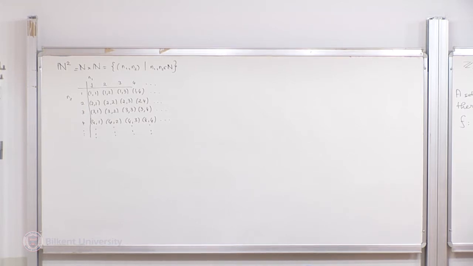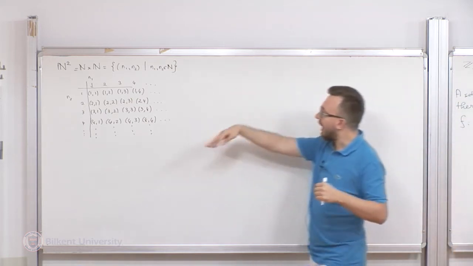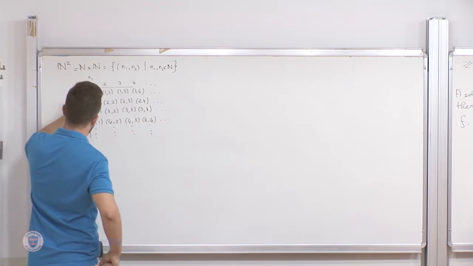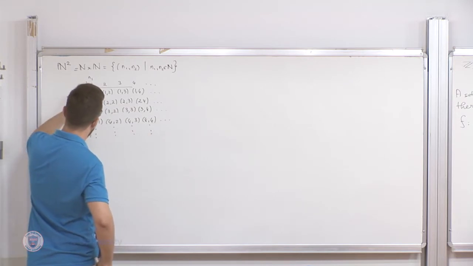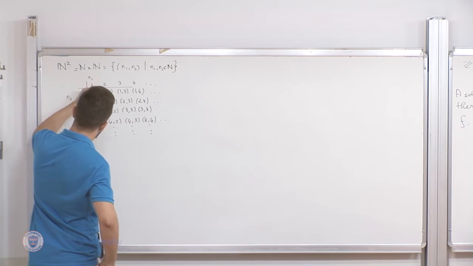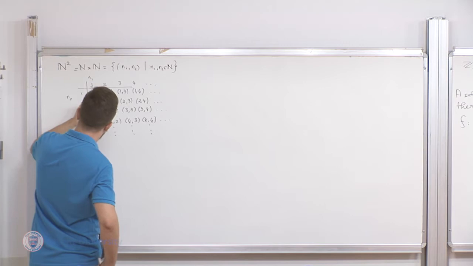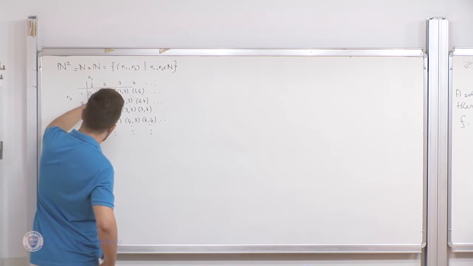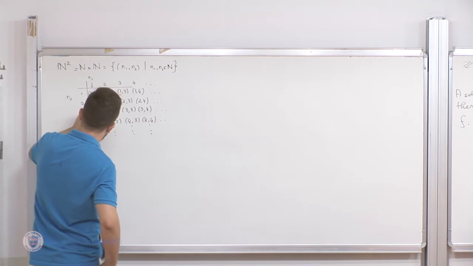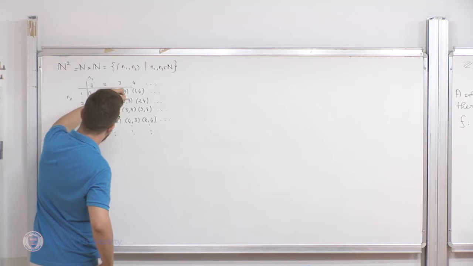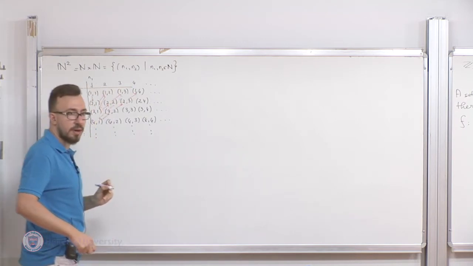Yeah, would you like to say something? Diagonal way, right? Start from here, right? This is the first element. Go to here. This is the second. Maybe this is the third. This is the fourth, fifth, sixth, and then seventh, eighth, ninth, 10th, etc., right?